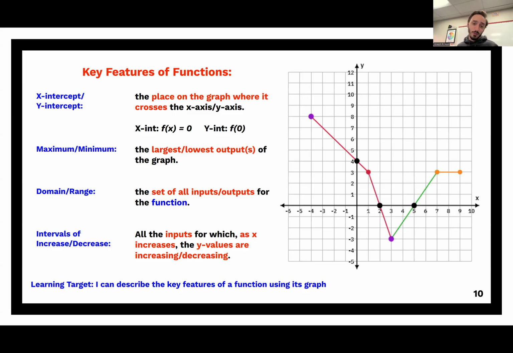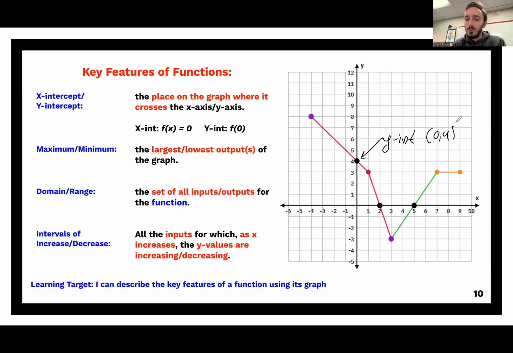The other thing that we've introduced is that when you're working with a function, especially with a graph, there's certain key features that we're usually interested in describing in some fashion, especially if we're in a real world modeling context. When we're talking about a function, one thing that we often talk about are the x or the y intercepts. Those are the places where you're crossing the y-axis. So that's a y-intercept there at (0, 4).